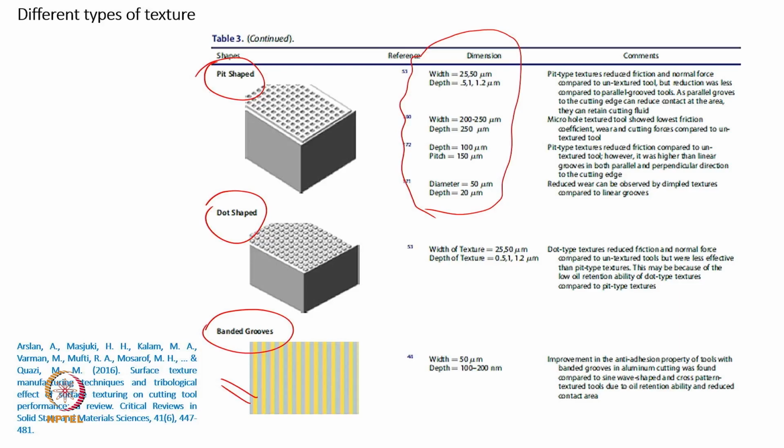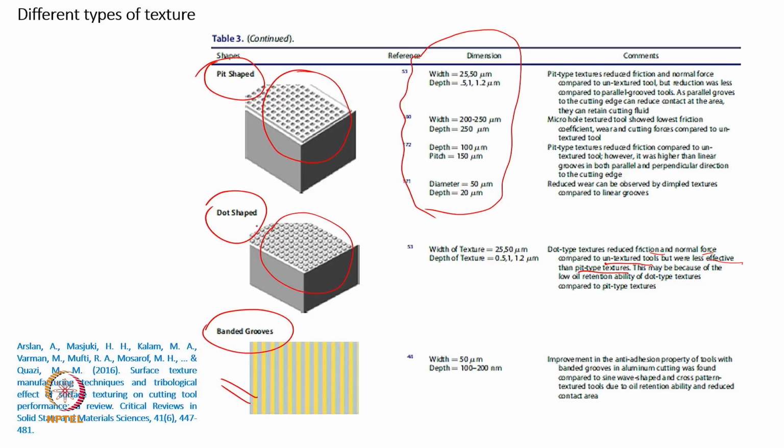Now, let us take a dot type here. Dot type reduces the friction and normal force compared to an untextured tool. We are comparing with untextured, it is good, but it will be less effective than the pit type of texture. If this is a pit type, here we are able to trap the lubricant, while in this case the spacing is more, so we are not able to trap the lubricant.